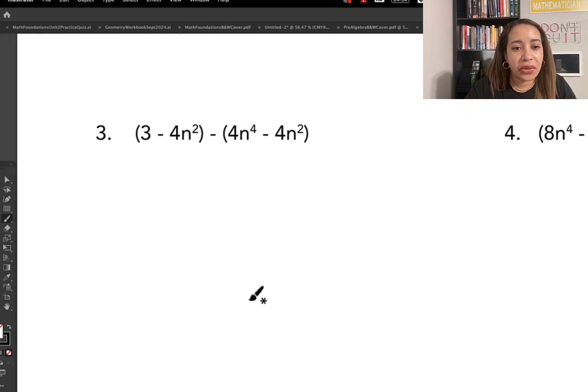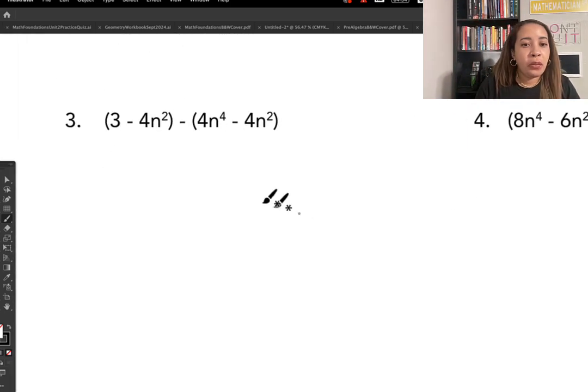Here is number 3. We will always follow these same steps every time we see subtraction. I'm going to say keep, change, change to turn it into an addition problem. We always need to remember to change all of the signs of the terms in your second polynomial.